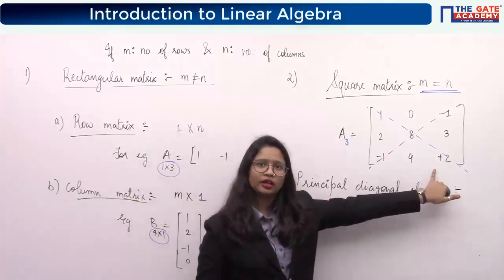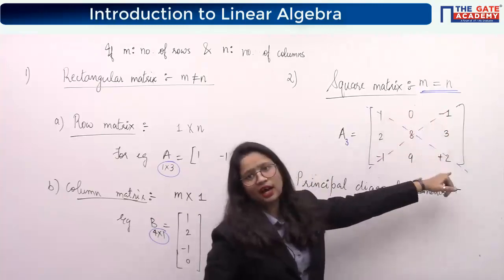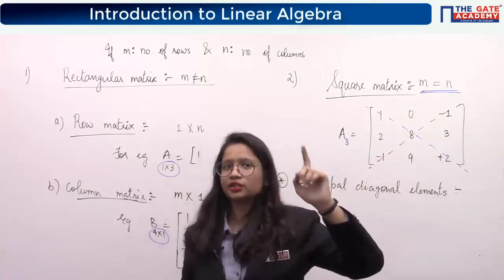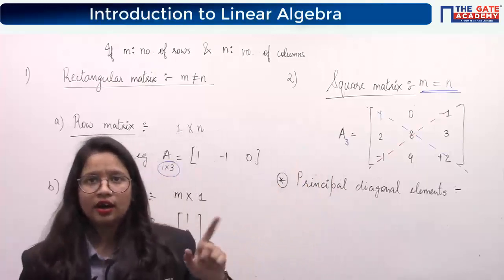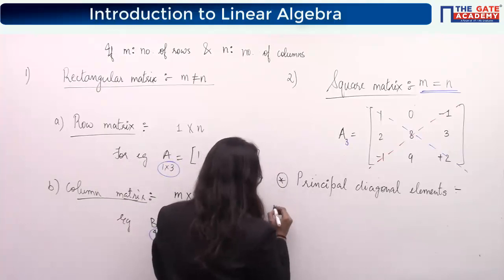principal diagonal. You can see that for the red one, first element doesn't lie, last element doesn't lie. That means that diagonal is not principal diagonal. Understood or not? Write down if you want to write it down. Let's write it down.